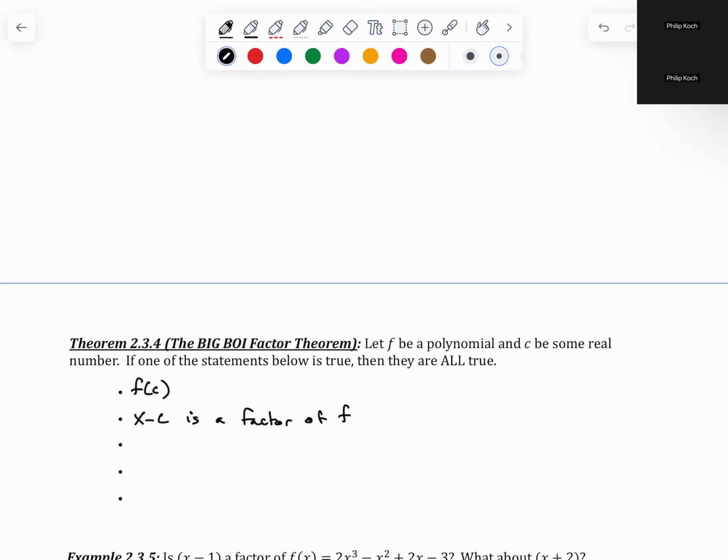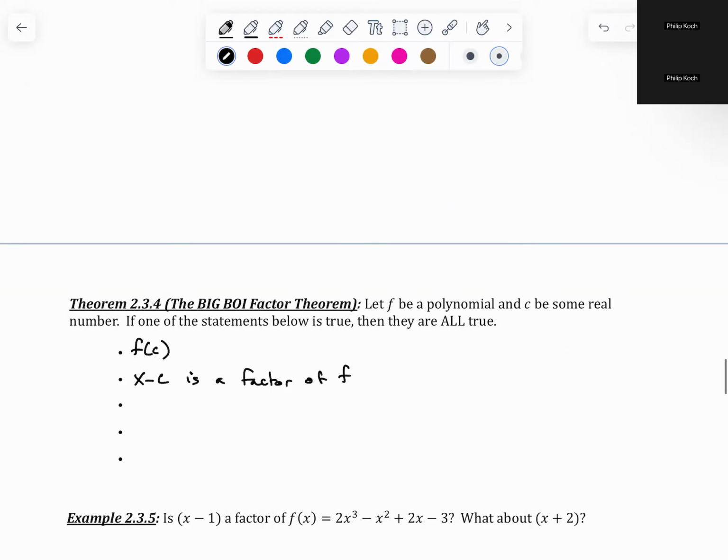The one that's a very important implication that most textbooks leave out is this next one, that f of x equals x minus c times something, where this something is the quotient from dividing by x minus c.